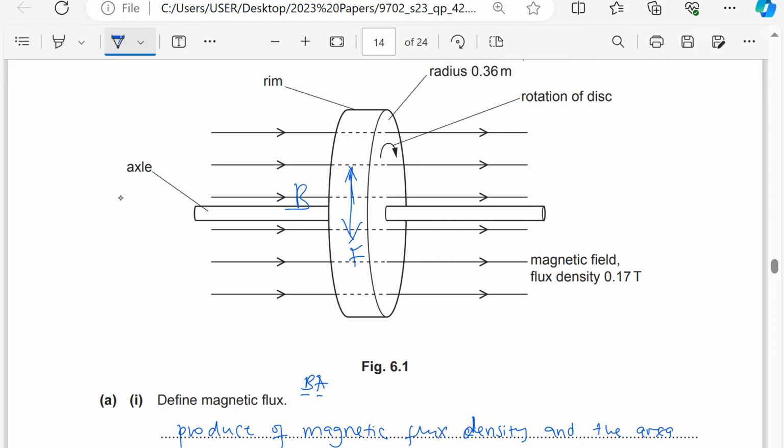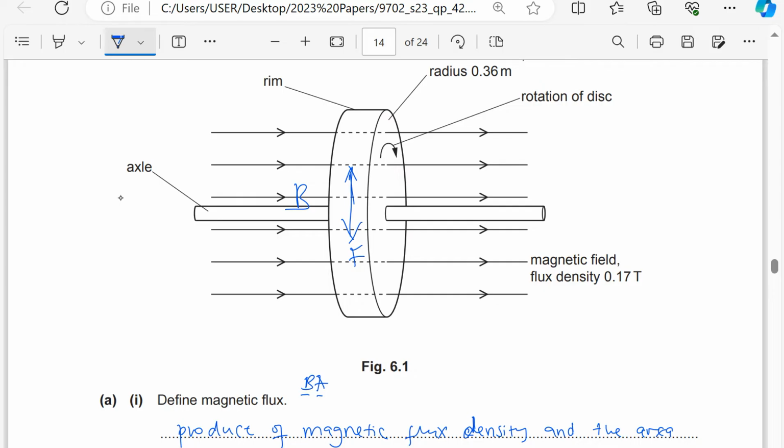The field is in that direction. So the first finger points to the left, the field, and the thumb points towards you.